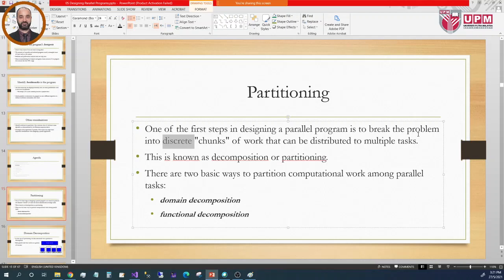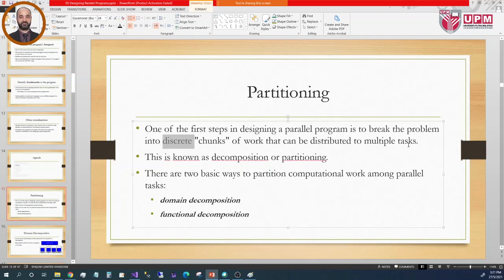Those parts, we try to make them as independent as we can. Also, if they are related to each other in some way, we try to make that relation as loose as we can.